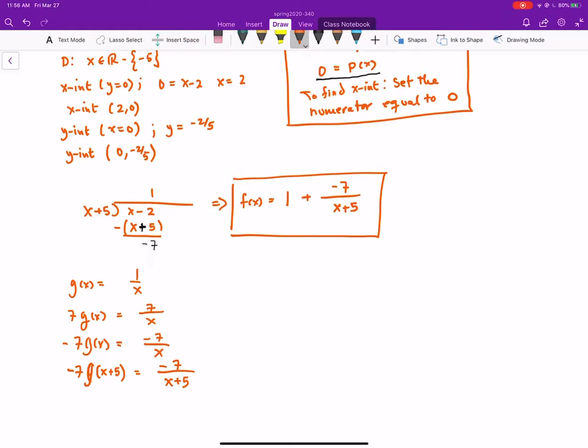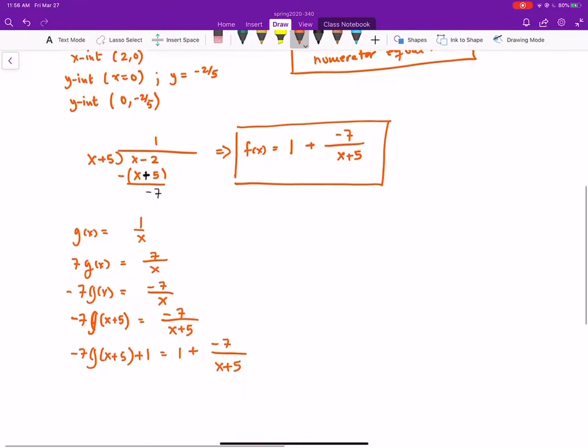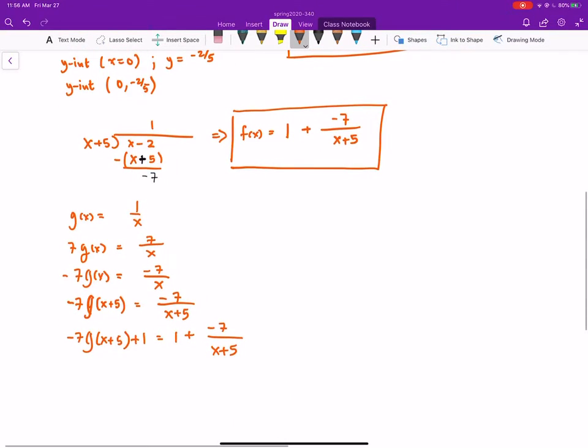And then it was raised up by 1, so negative 7 over x plus 5, plus 1. That gave me 1 plus negative 7 over x plus 5. So I see the sequence from 1 over x.